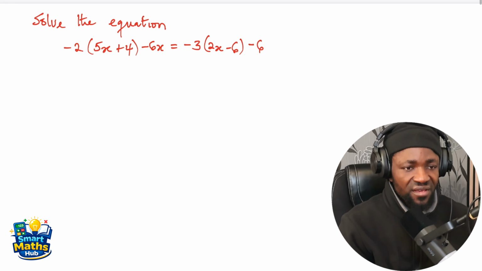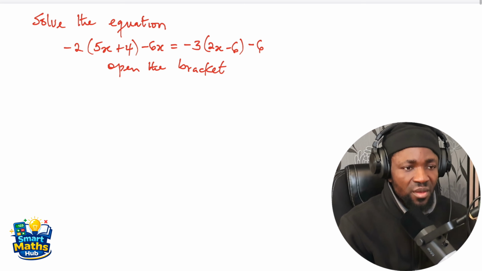So we have left hand side and the right hand side. So let's begin. The first step here is to open the bracket. When you open the bracket, then you apply the multiplication rule.